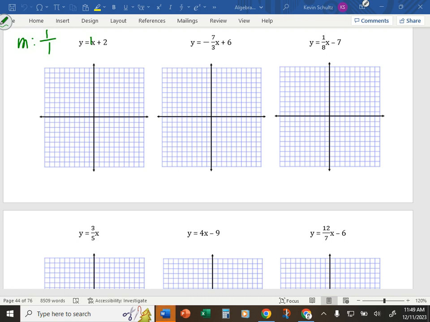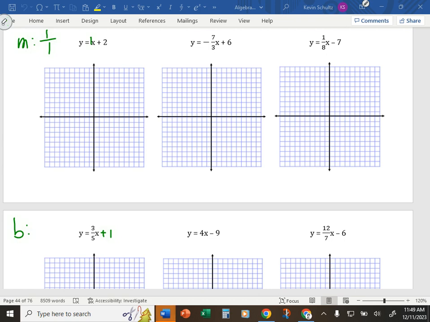And then the other one that tends to trip people up is on the second page: y equals 3/5 x. What's the y-intercept here? What's the b value? It's not 1. It's 0. Because putting a 1 before a coefficient doesn't change the value, since 1 times x is still x. But if I add 1 to this, that changes the value. It makes it 1 greater, right?